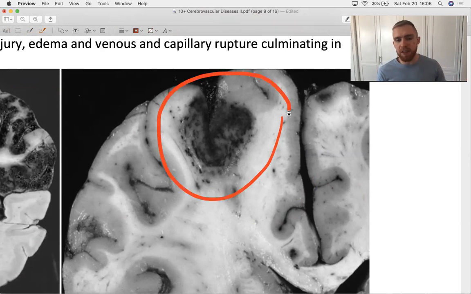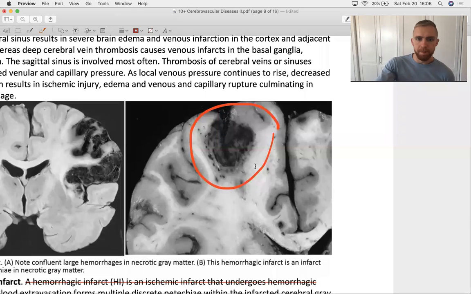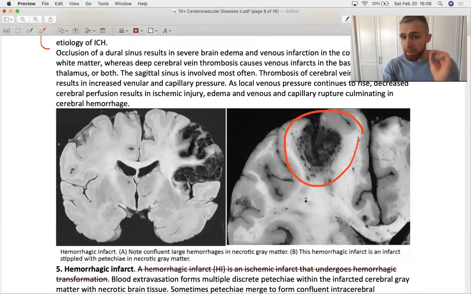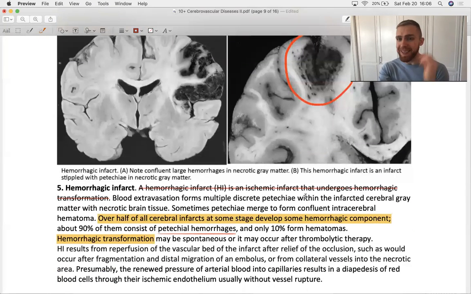So one more time, the concept is you get a clot, everything past the clot dries up, you bust the clot, you put some blood in it again, you see these petechiae. That's the simplified version.